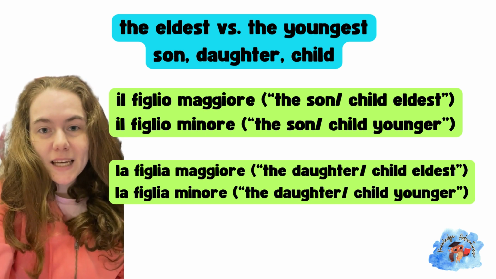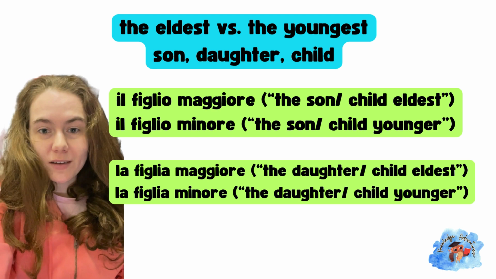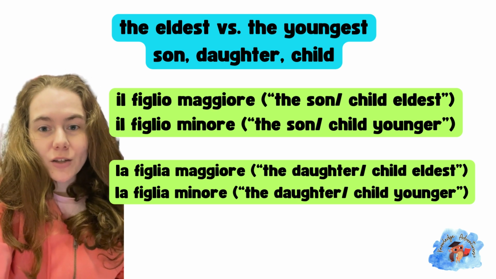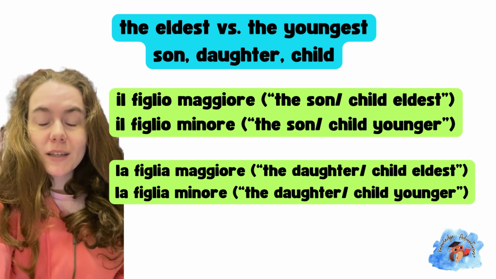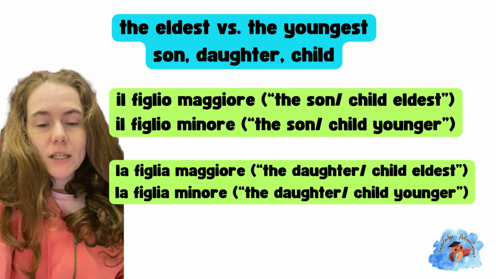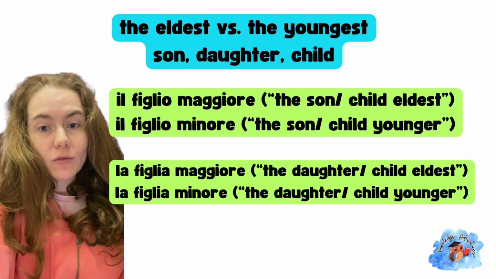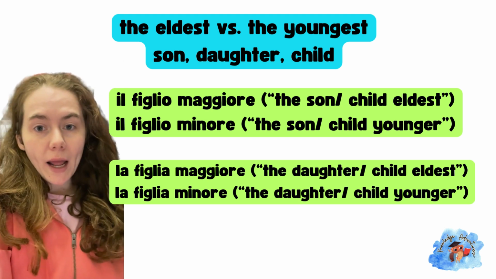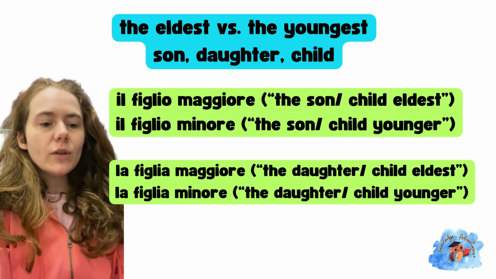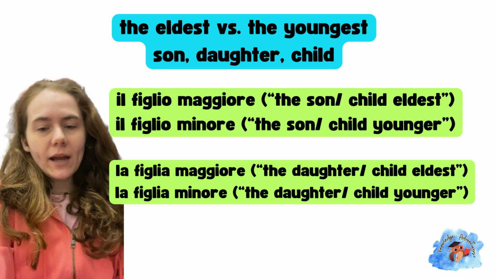When saying the eldest child or the youngest child, you're focusing on two words. There's one word that nearly sounds like major, and the other word that nearly sounds like minor. So we're going to have maggiore for older, or oldest, and then we're going to have minore for the youngest. Now the only thing to add to that is then we have to say the child.